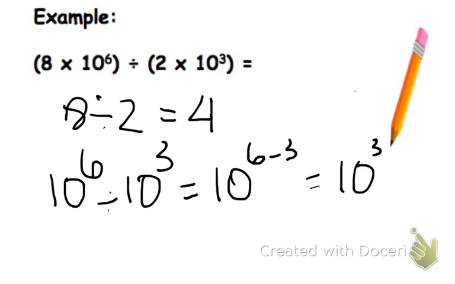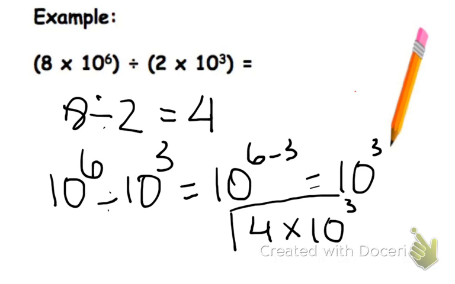So our final answer is 4 times 10 to the third power. We would then check and see if our final answer has a coefficient that's between 1 and 10, which it does, so we are done with this example.